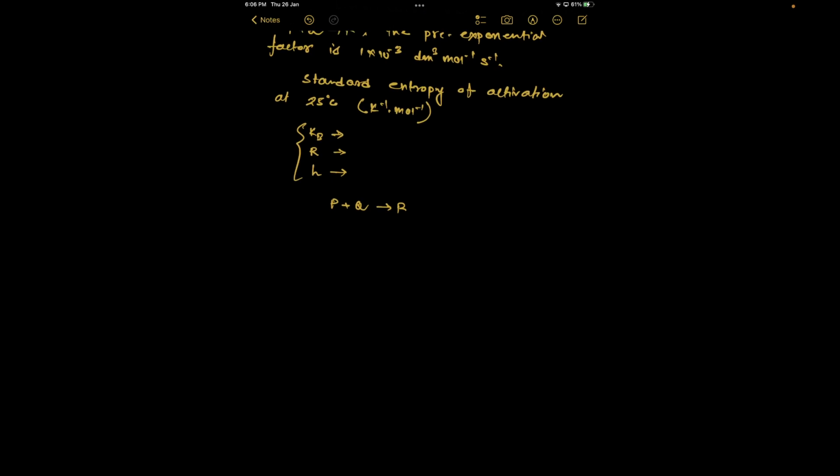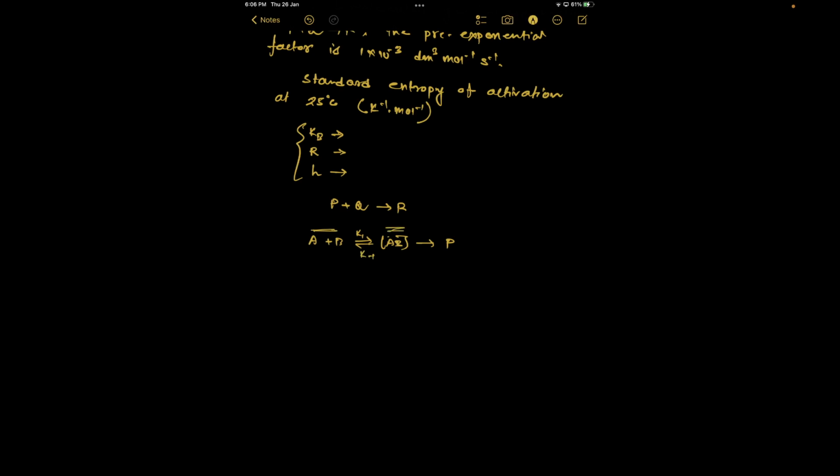Basically in transition state theory, let's say A plus B to product P: first these two reactant molecules will form an activated complex AB, and then from that activated complex to product P, right? And there is an equilibrium between the activated complex AB and the reactant molecules.